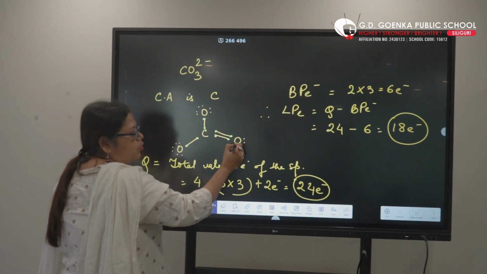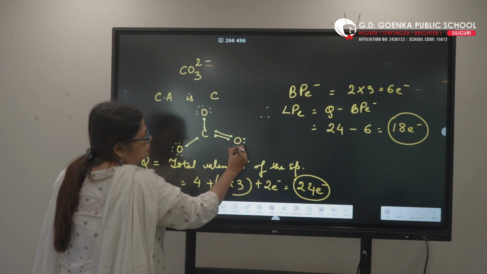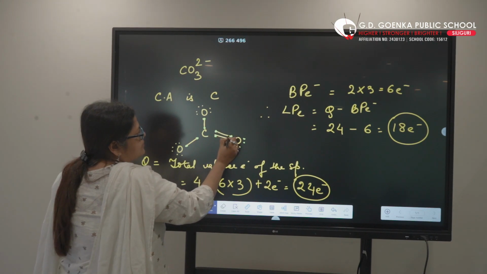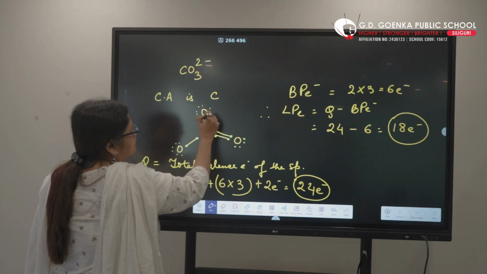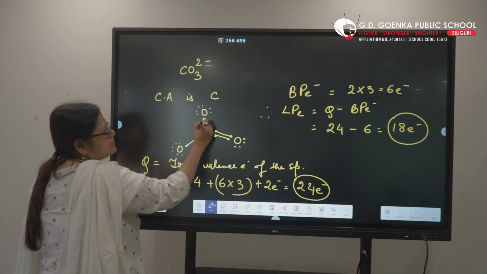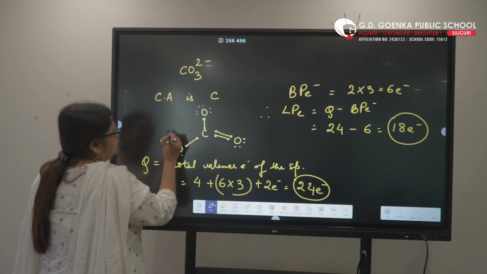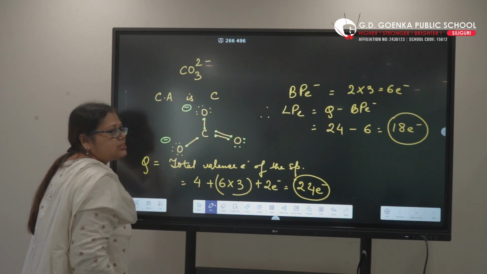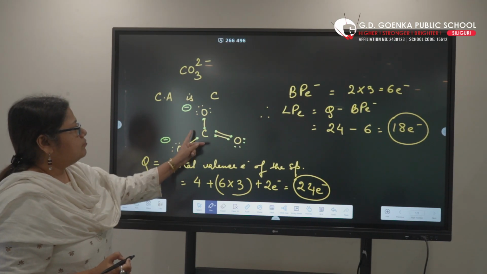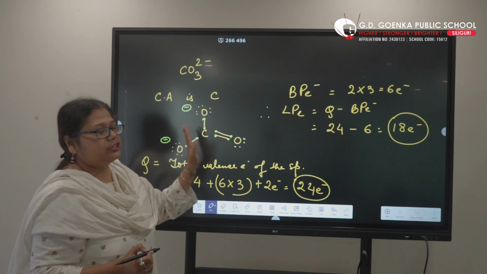Let's take the doubly bonded oxygen: 1, 2, 3, 4 lone pair electrons and bond pairs 5, 6, 7, 8. Again, for this oxygen atom, 6 electrons as lone pairs, 7, 8. Finally, this oxygen atom is the same. So we put a negative charge over here. When oxygen is connected to the central atom by a single bond, the charge is negative. When oxygen is connected to the central atom by a double bond, the charge is 0.